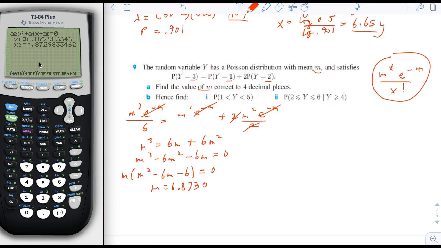Okay. Part B. Hence find the probability that y is between 1 and 5, not including 1 and 5. So now this is pretty much a calculator problem.